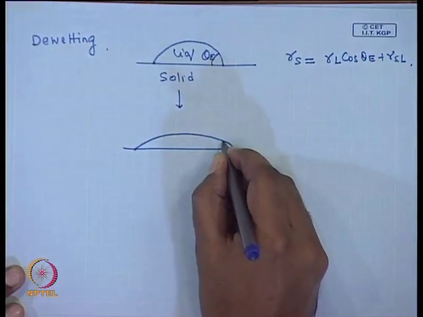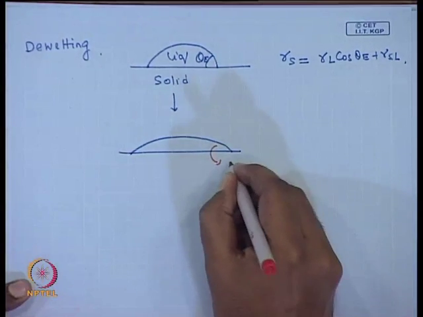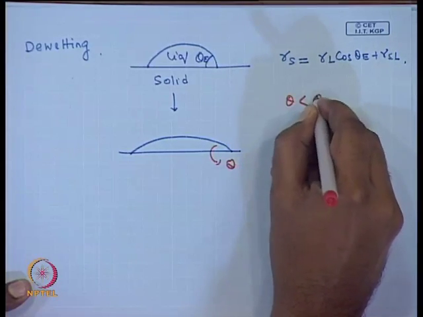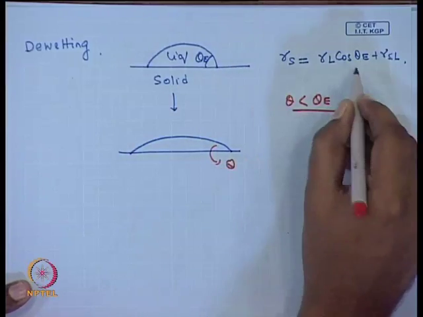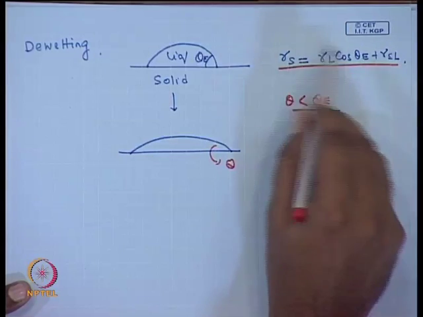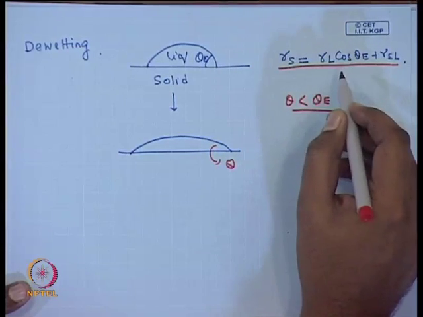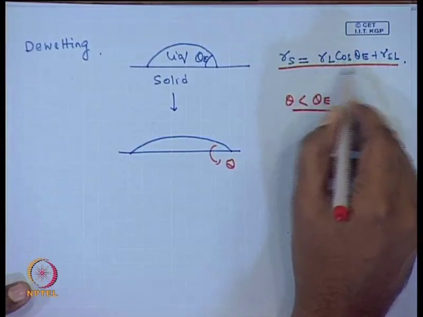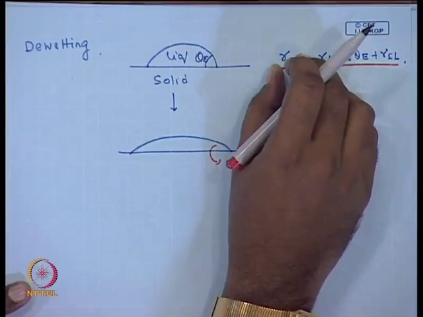You have spread the liquid, which means now it makes an intrinsic angle theta, let us say, which is smaller than theta e. If you now substitute this value of theta in this equation, you will find that this equality is no longer valid. We know that as theta reduces, cos theta tends to 1. So, eventually the right hand side has become larger as compared to the left hand side.